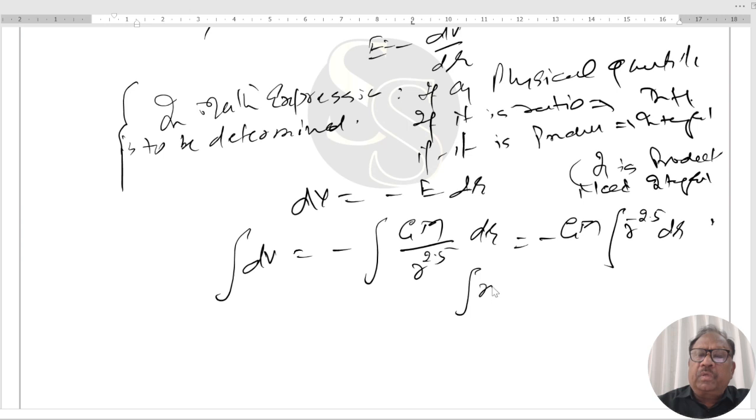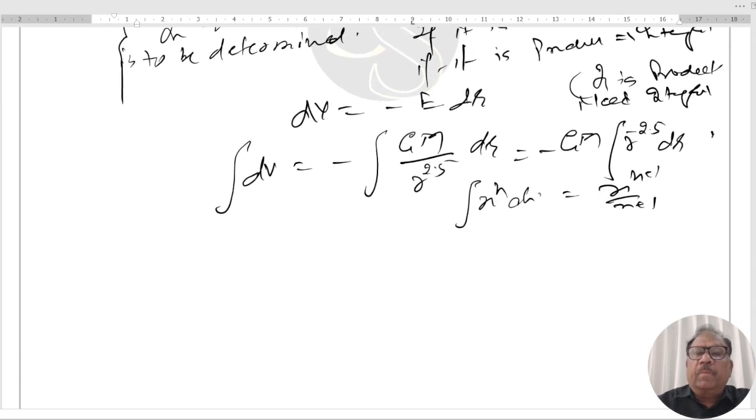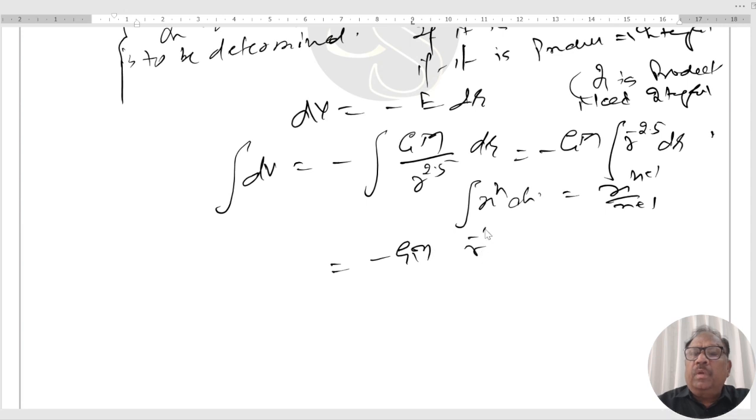You know integration of x की power n dx is x की power n plus 1 divided by n plus 1. Right? Apply this formula. Minus GM into r की power minus 2.5 plus 1 divided by minus 2.5 plus 1.